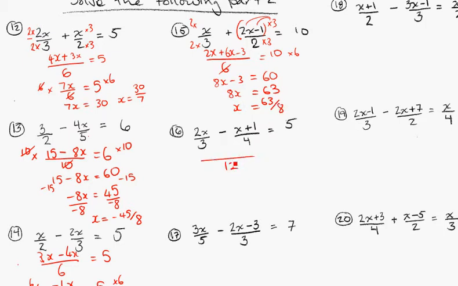Number 16, common denominator of 12. Multiplying top and bottom by 4. Multiplying top and bottom by 2, putting in brackets to make sure we don't make a mistake. Now, this one has a trap. There's the trap. And so it would be safer once we've expanded to keep that in brackets. Right, neatening up the top row, 8x, I'm going to have minus 2x, and then I'm going to have a minus 2.